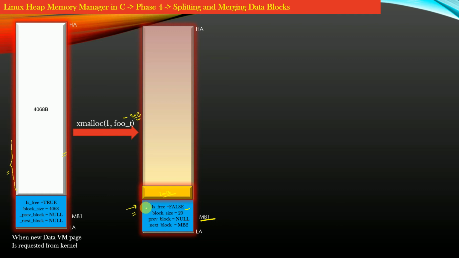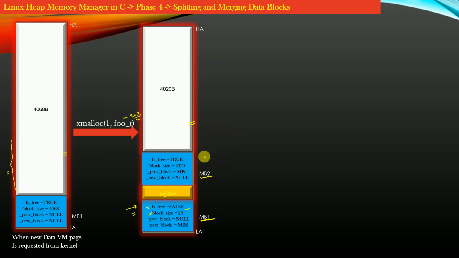So isFree is set to false, the block size is set to 20 bytes, the previous block is still null, and the next block is going to be the pointer to the next meta block number 2. We need to create a new meta block MB2 so that we can store the meta information of the remaining free block of this virtual memory page.